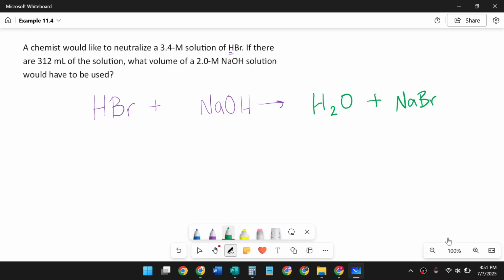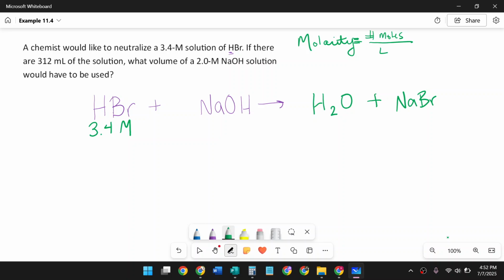So let's start labeling things. So we know that our solution is 3.4 M. And remember, when we're talking about molarity, which is what the big M stands for, that formula is the number of moles divided by the liters. Okay.